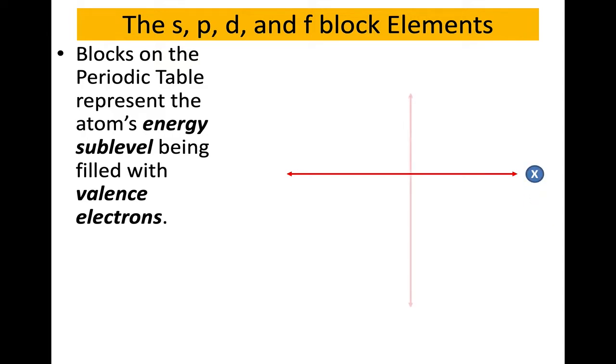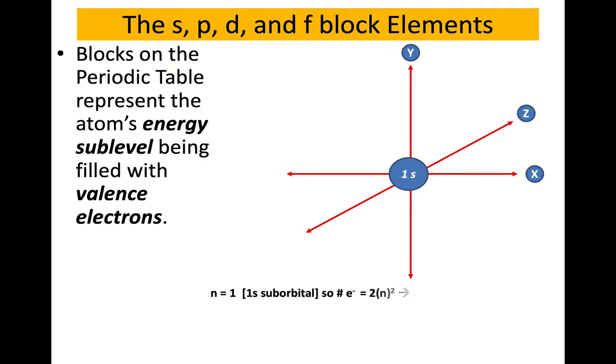We have an x-axis, an up and down y-axis, and a z-axis coming out of or into the screen. It's the best I can do from a two-dimensional representation of a 3D situation. The closest to the nucleus is 1s. That's that first row, with only hydrogen and helium. They only have s block elements.